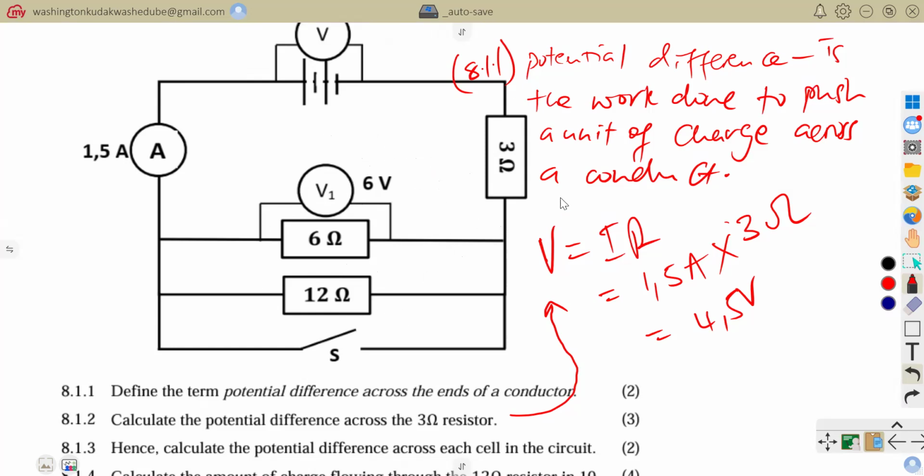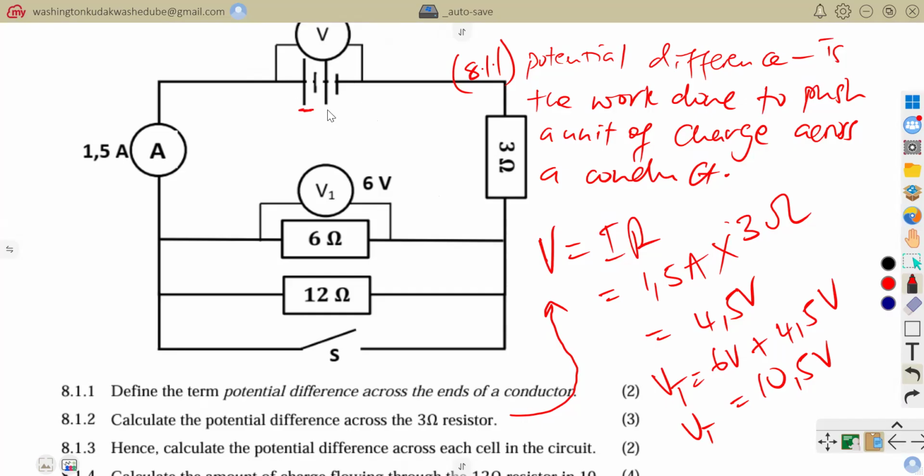And then here it's 4.5. So the total voltage, the one that is in series, we sum. So the total voltage V total of this circuit will be equal to 6 volts plus 4.5 volts, which is equal to 10.5 volts. That is the total voltage amongst these two cells.